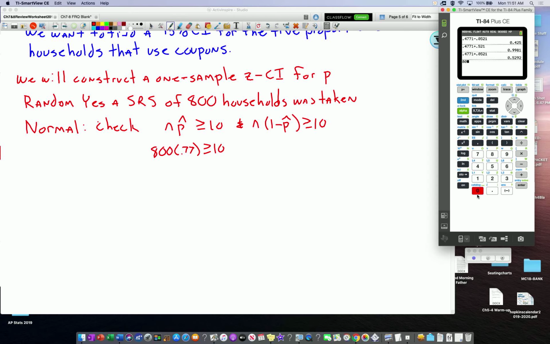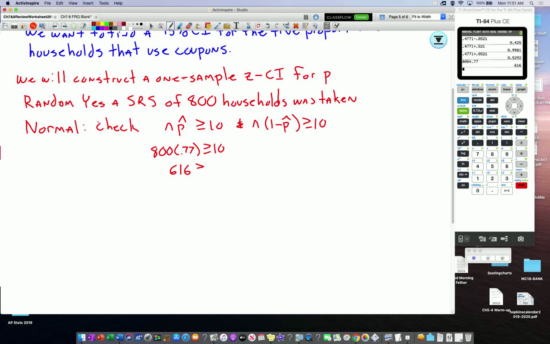So 800 times 0.77 is 616. If 616 are using the coupons, then 800 times 0.23 is 184, since these two numbers have to add up to 800. So yes, our sampling distribution is approximately normal.